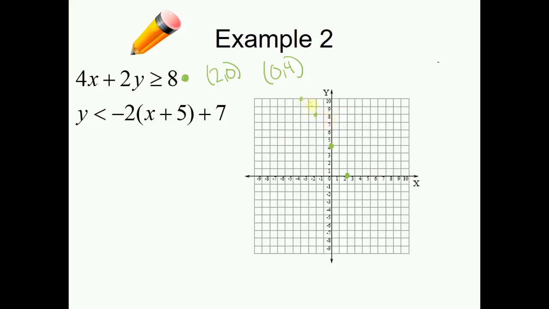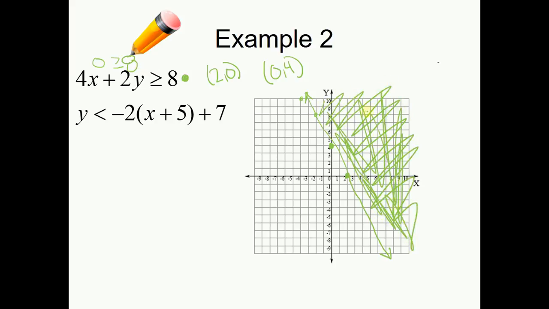Yep, okay. So let's go ahead and connect my dots with a line. Oops, that's a pretty wonky line, but not too bad. There we go. Let's check 0, 0. So 0 is greater than or equal to 8. That is not true, so we are going to shade on this side of my line. Nice and colorful. There we go.